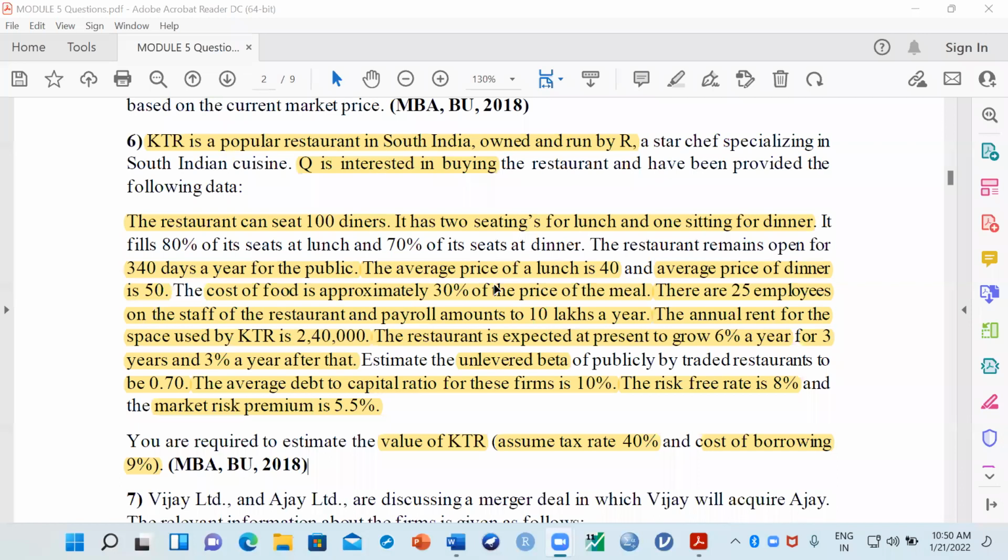This particular KTR restaurant is getting revenue from where? How are they generating revenue? Through what? How is this KTR restaurant generating revenue? What is the revenue for them? Anyone?